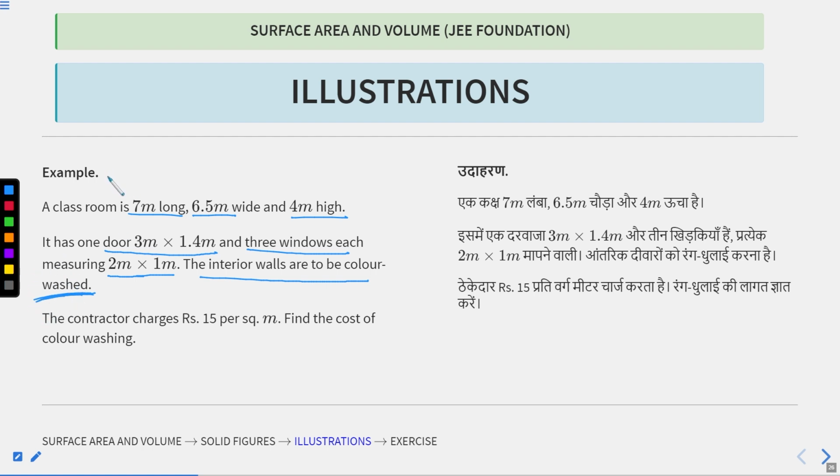This problem is like you have to paint a classroom where the dimensions are given, and in the classroom there are 3 windows with length and width 2 and 1 respectively, and a single door with dimension 3 meter and 1.4 meters.